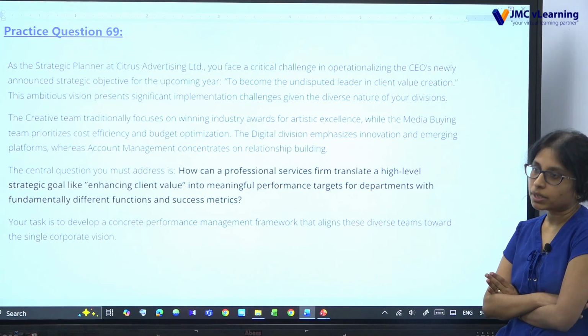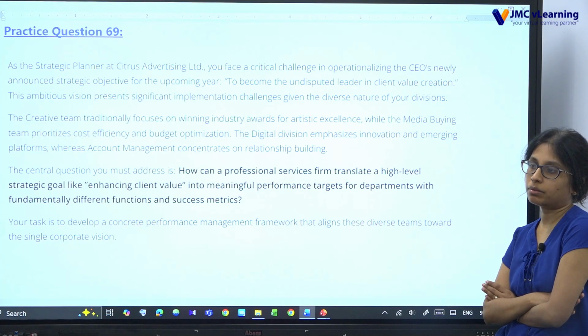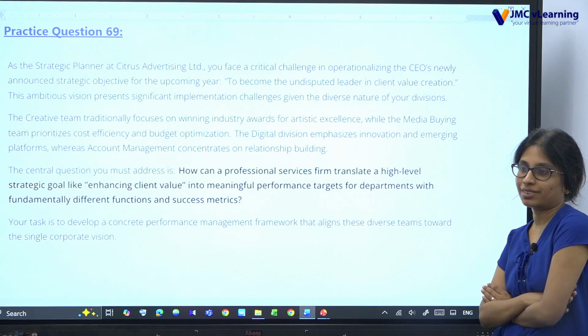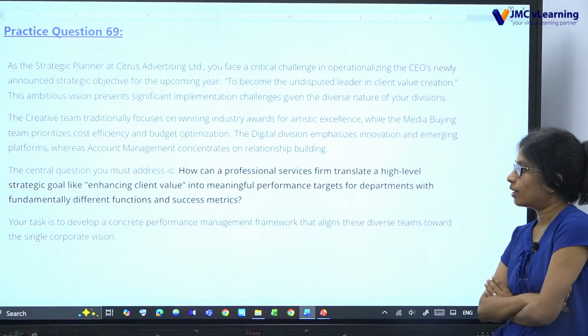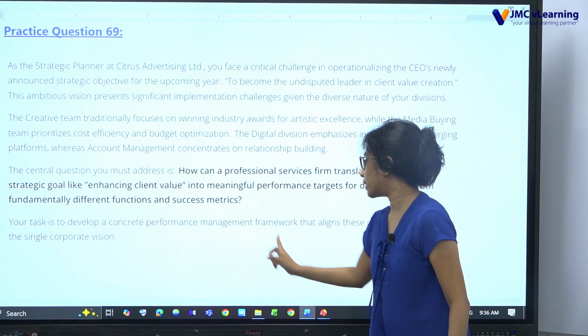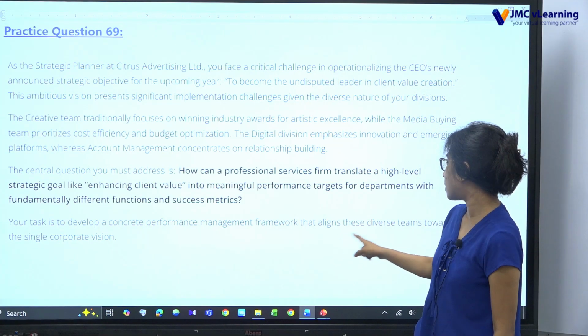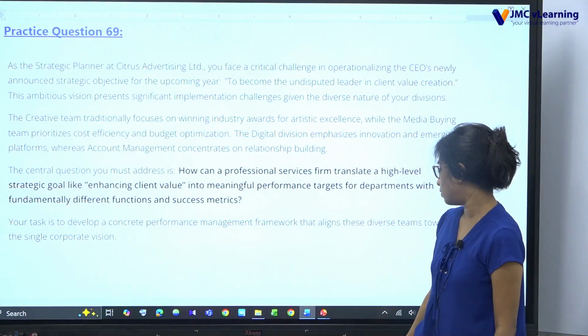Accounts guys cannot be creative, no? They have to follow certain regulations. So by blood, they are not creative. Okay, so likewise. So what to do? How to develop a performance management framework that aligns these diverse teams towards a single corporate vision.